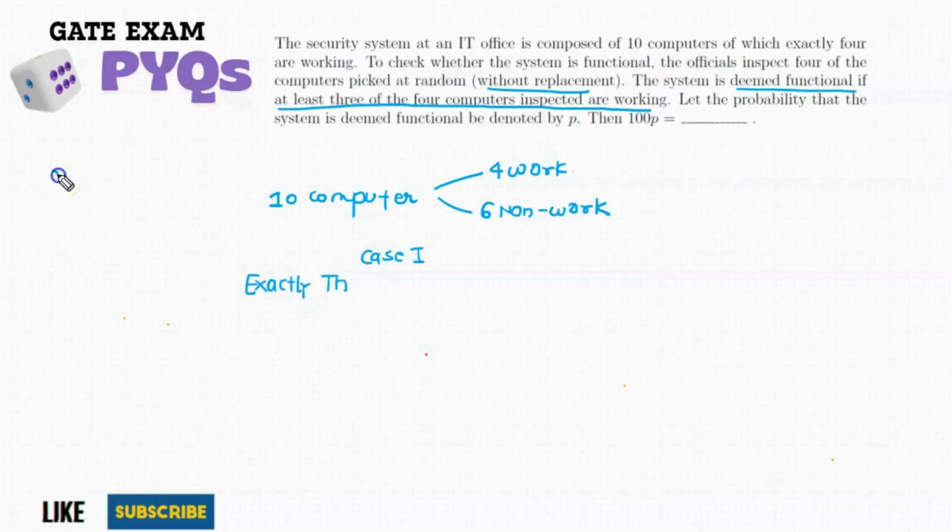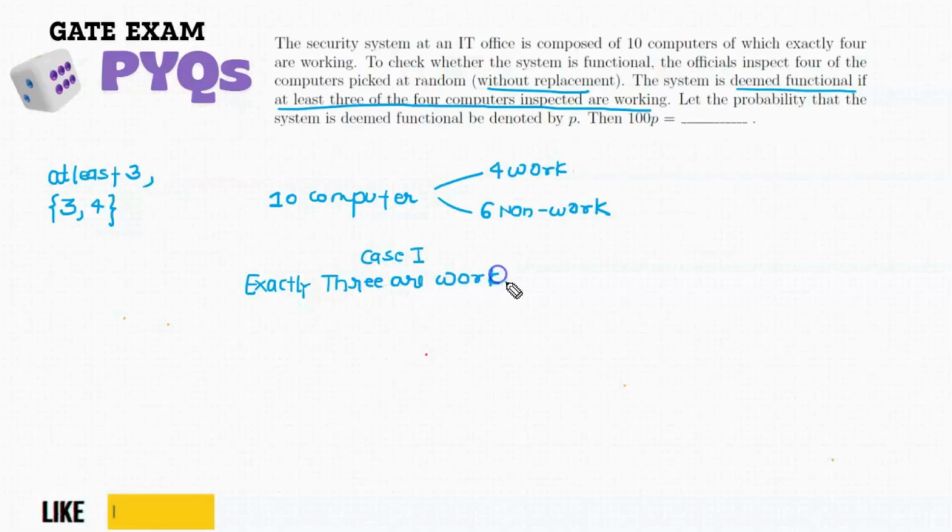First of all, we have this keyword: at least 3. It means either it can be 3 or all 4. So these two cases are there. Exactly 3 are working, or in the second case, all 4 computers are working.